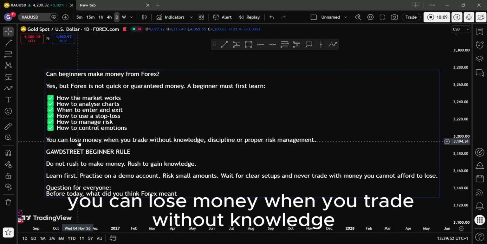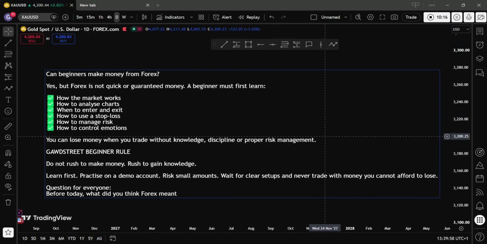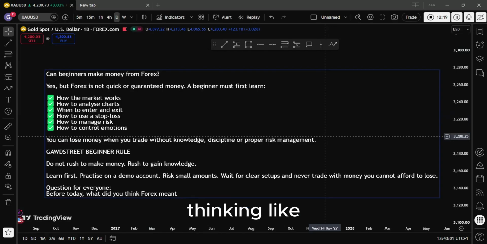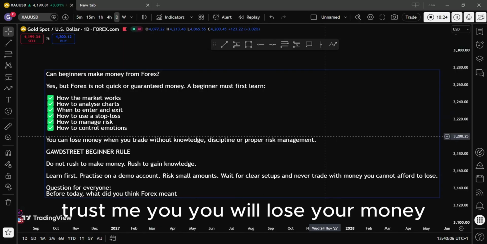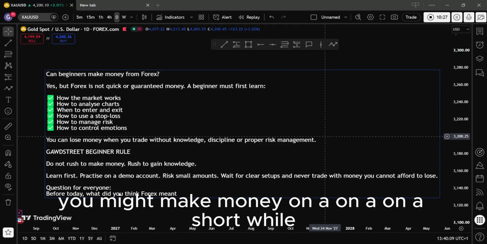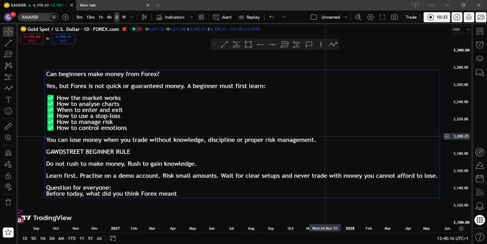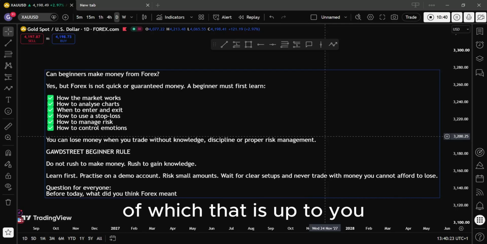You can lose money when you trade without knowledge, discipline, or proper risk management. You lose your money whenever you enter the market thinking you don't need the guidance of anybody to trade. Trust me, you will lose your money. You might make money for a short while, but you will lose it in the long run, unless you're not planning to do it for a long time, which is up to you.